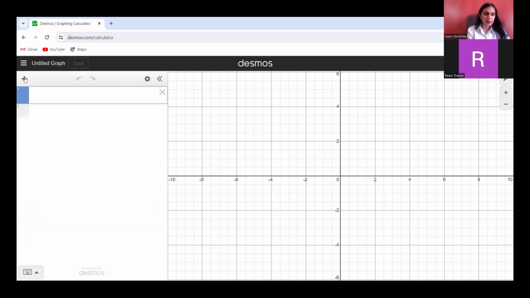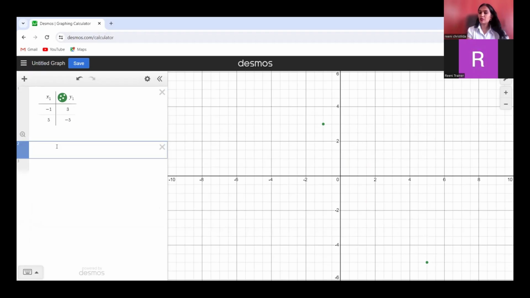Here you have the plus option. You can add a table here. You can enter the points (-1, 3) and (5, -5). You can see that the 2 points are plotted here.